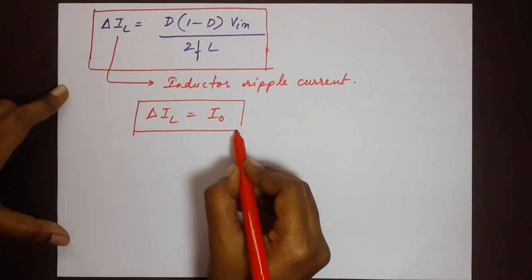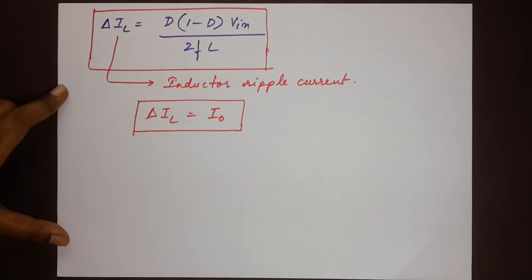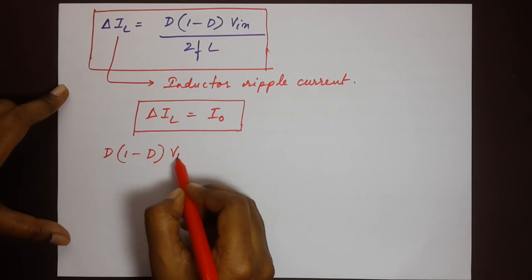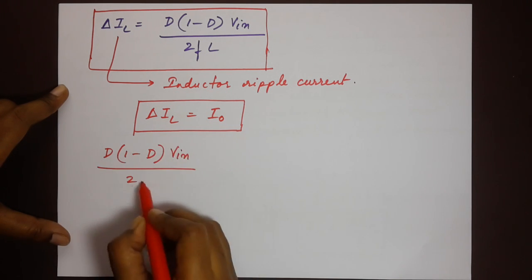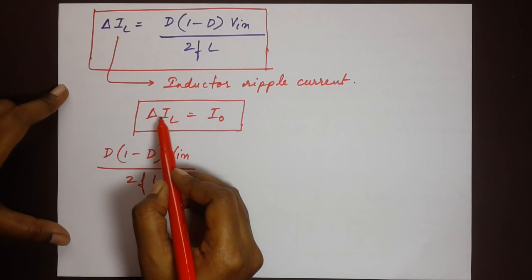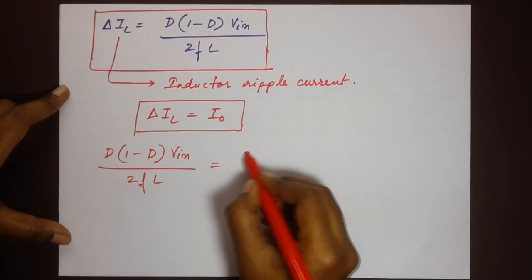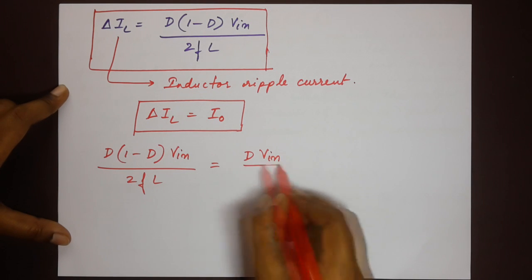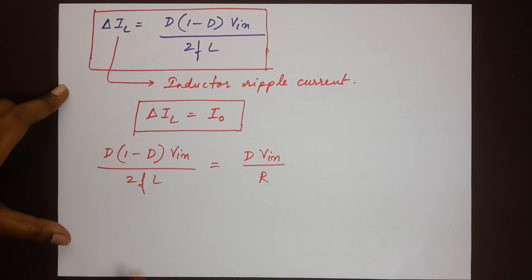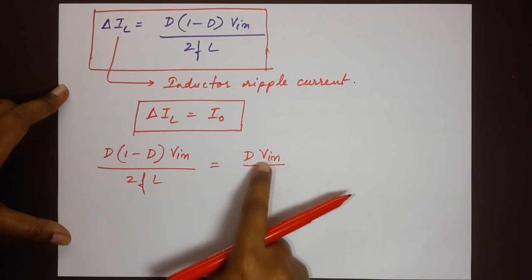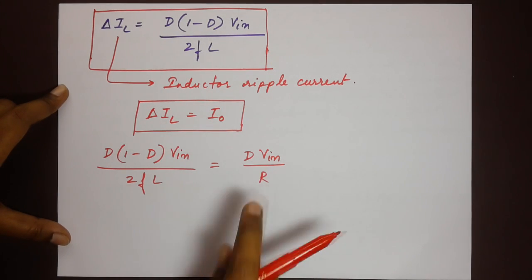Now we have our expressions. We have D into (1 minus D) Vin divided by 2FL. So that's delta IL is equal to, now I0 is D into Vin by R. So if we solve this in terms of R, let's do that now.